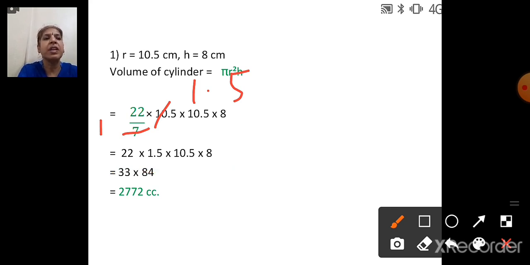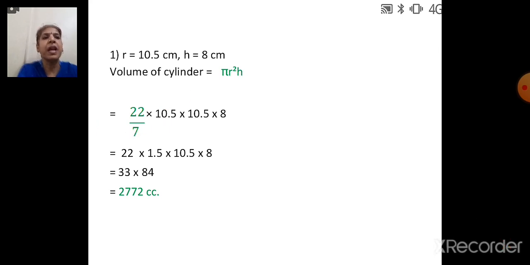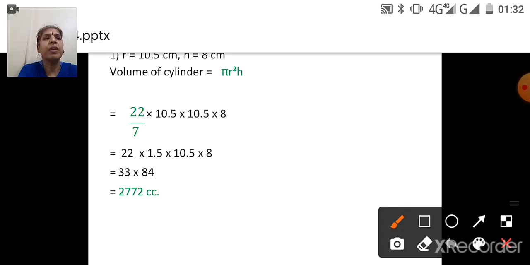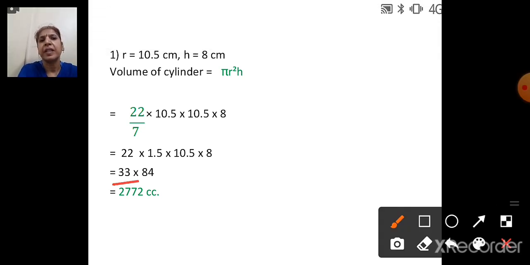So now children, when you multiply 22 with 1.5 you will get 33. And then you multiply 10.5 with 8, you will get 84.